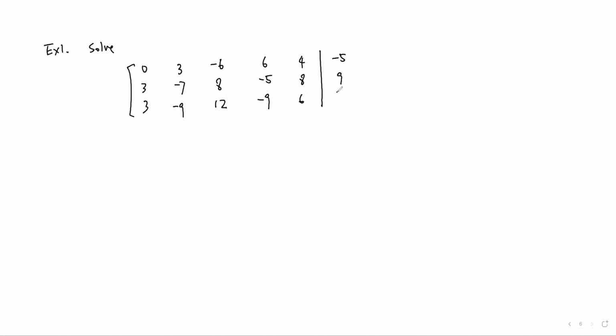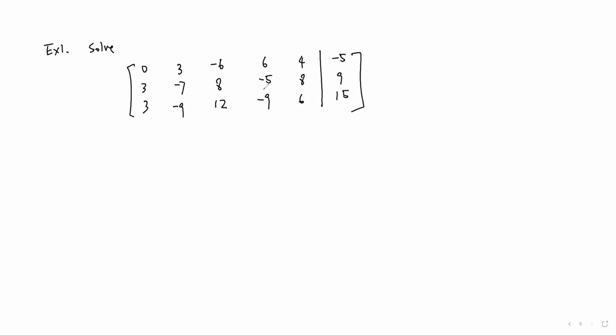Example 1. Consider the following linear system, given by the augmented matrix 7, -9, 6, 8, 12, with the coefficient matrix, and then the right side is -5, 9, 15.